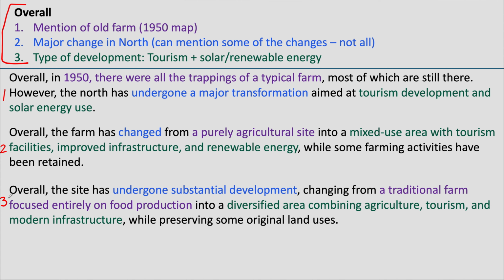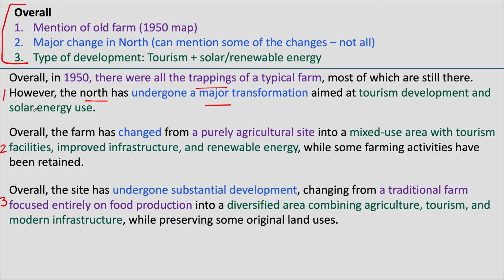It follows the planning very closely. Trappings here means all the usual features of a farm. So this sentence says that the farm was typical in 1950, but there was a major change in the north with development for tourism and solar energy.